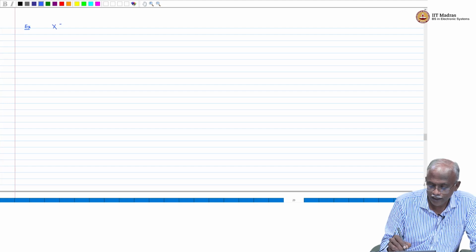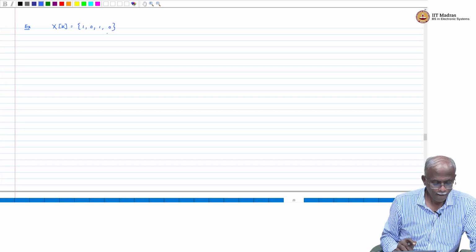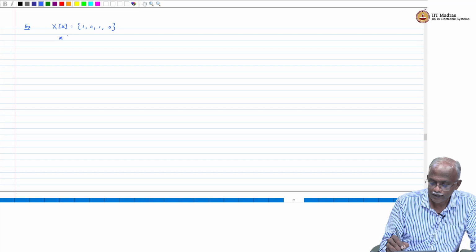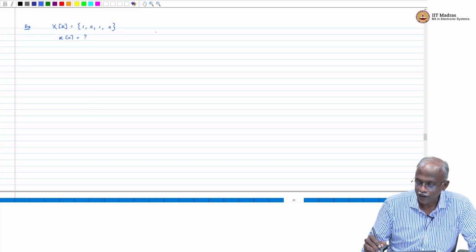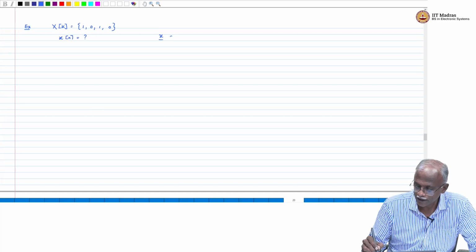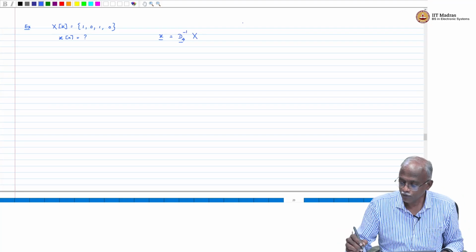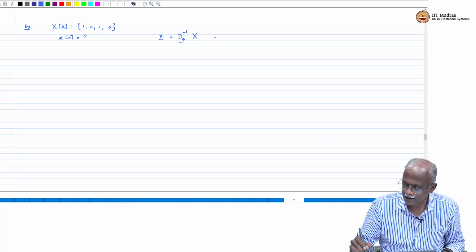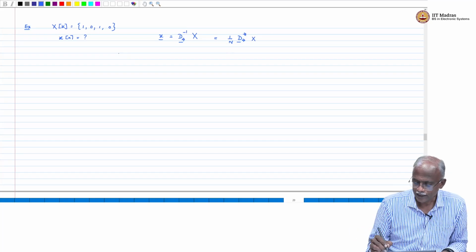We are given that X of k is the following: 1, 0, 1, 0. What is x of n? How would you do that? We know that x is equal to D4 inverse times X, and D4 inverse is equal to 1 by N D4 conjugate times X. So let's write that down.